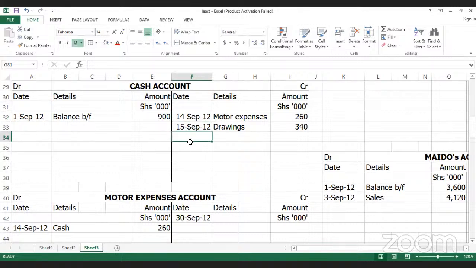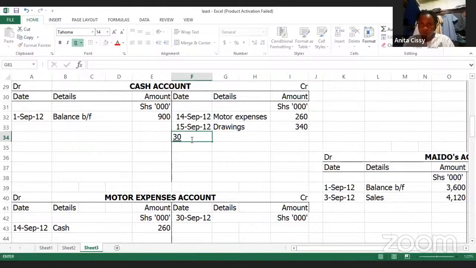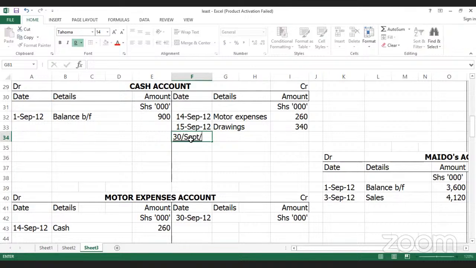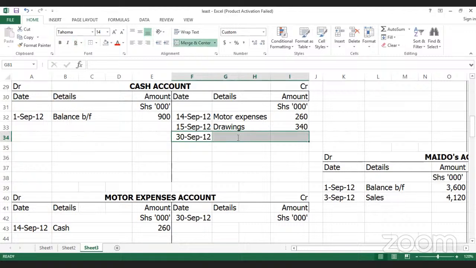So at the end, that is 30th September 2012, we come on the smaller side. We write balance carried forward.